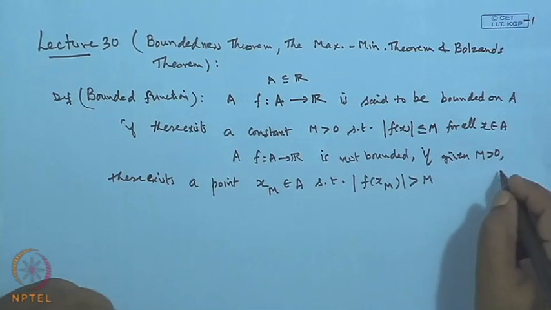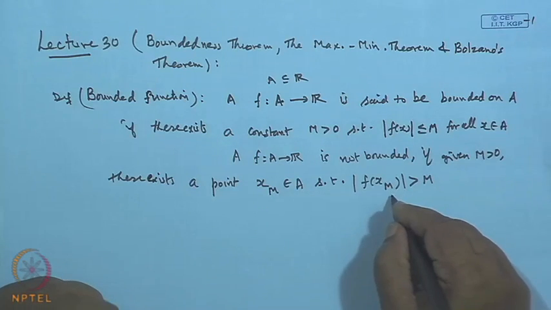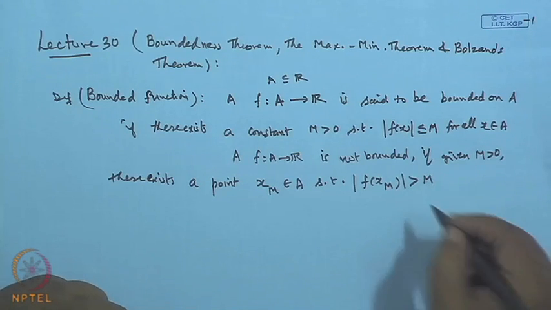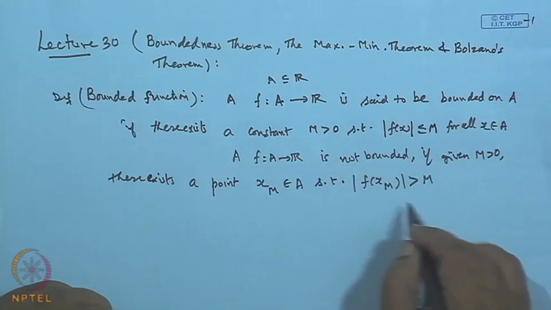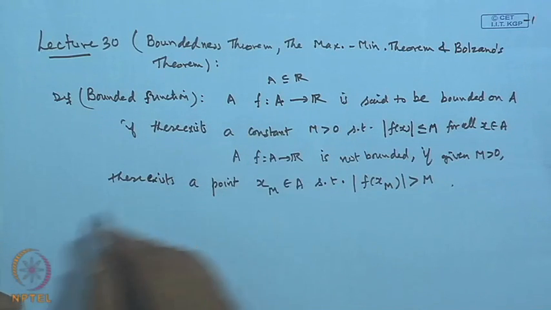So, whatever number you choose, you can always find a corresponding point in A for which the functional value will exceed that number m. Then we say f is unbounded on the set A. Okay. So, this we have already discussed.